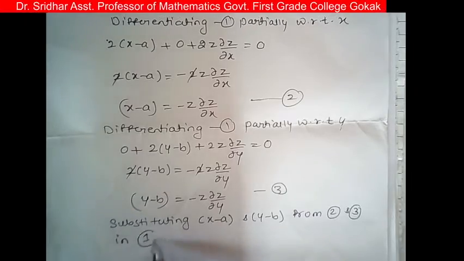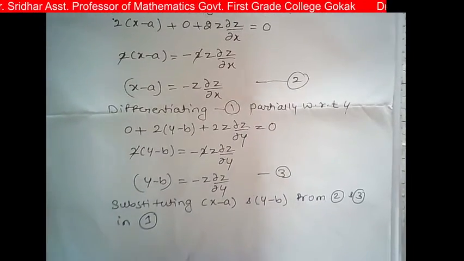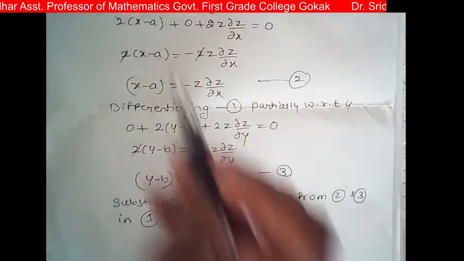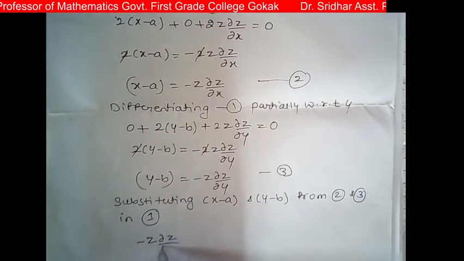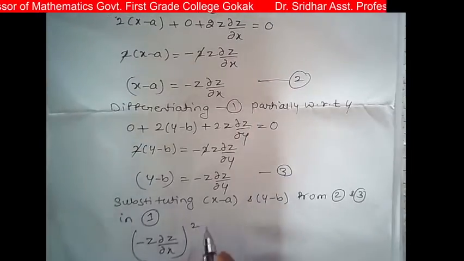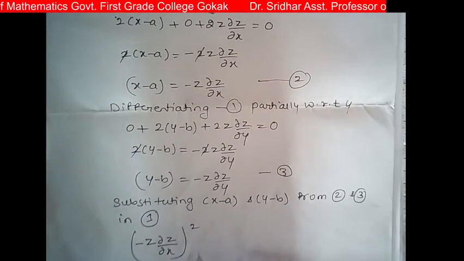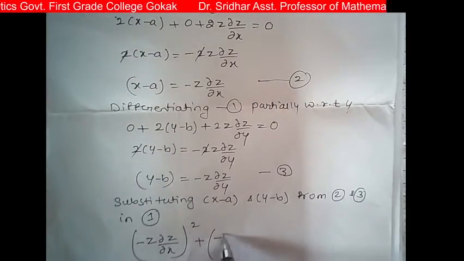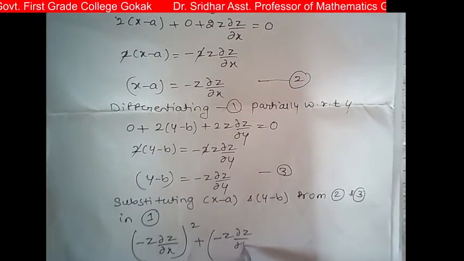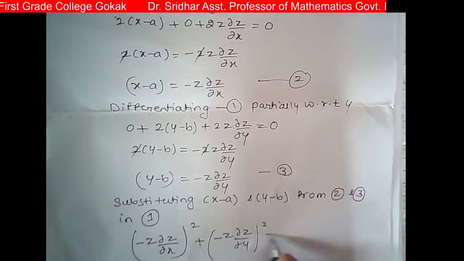equation 1. In equation 1, then we get, so x minus a means minus z dou z by dou x, x minus a whole square means square. Then similarly y minus b whole square, so y minus b means minus z dou z by dou y whole square equal to 4.